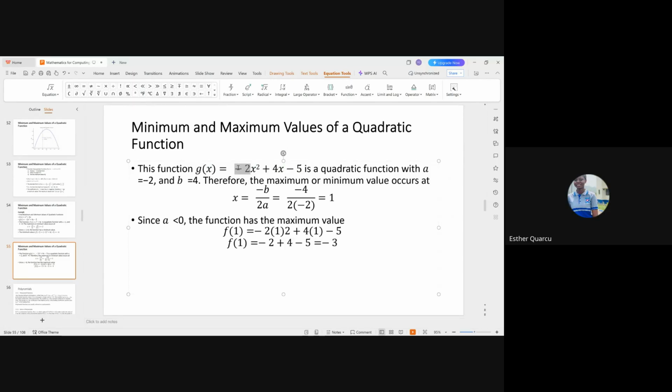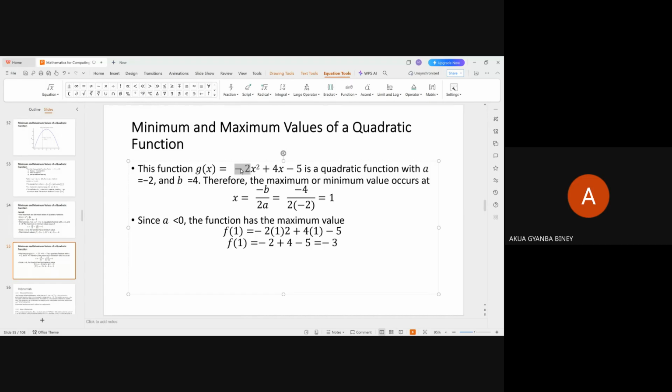The coefficient tells you whether you are going to get a minimum or a maximum value. I'm not the one going to set a question, but a question can go like, will this function have a minimum or a maximum value? This function has a minimum value, true or false? So you will use the coefficient of x squared to determine. And that same coefficient of x squared tells you if the graph is going to open upwards or downwards.